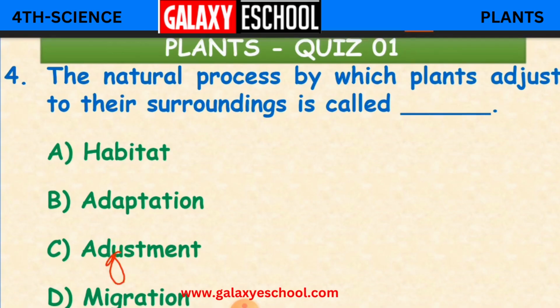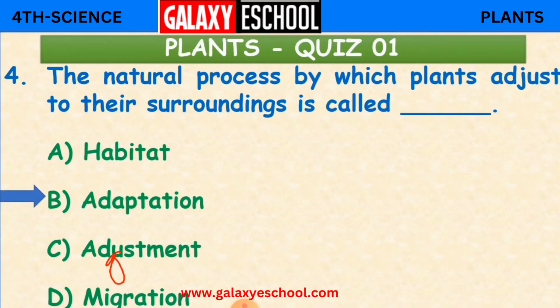Yes, the natural process by which plants make themselves suited to grow in that particular climatic condition or place is option B, adaptation.